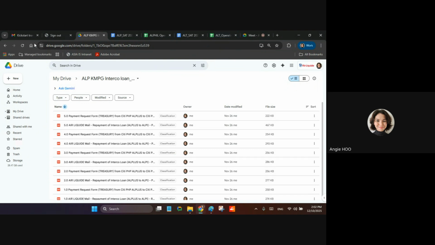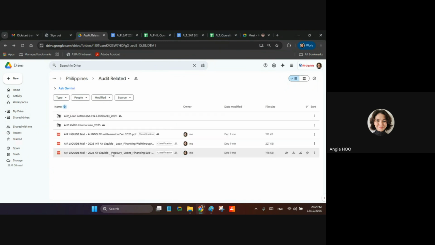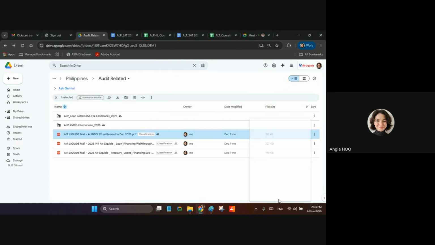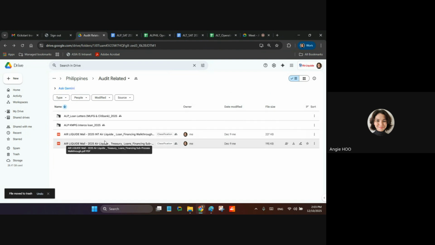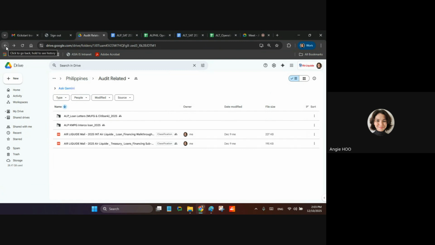So only these four are attached already into this KT file, under the Philippines, under the audit related item.